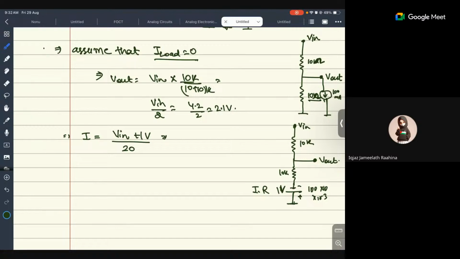So 4.2 plus 1 is 5.2, divided by 20 ohm, so 0.26 ampere is the current.